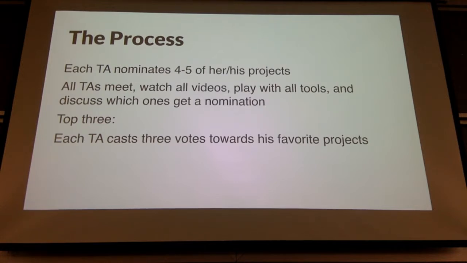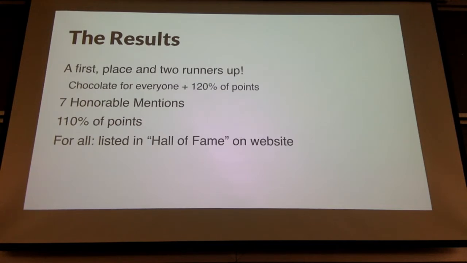And this year, we picked a single best project and 2 runner-ups, which we didn't rank. And then we have a number of honorable mentions. So we have a first place and 2 runners-up. Those get chocolate, every member of the team. Less importantly, you also get 120% of all the possible points. The 7 honorable mentions get 110% of all possible points.